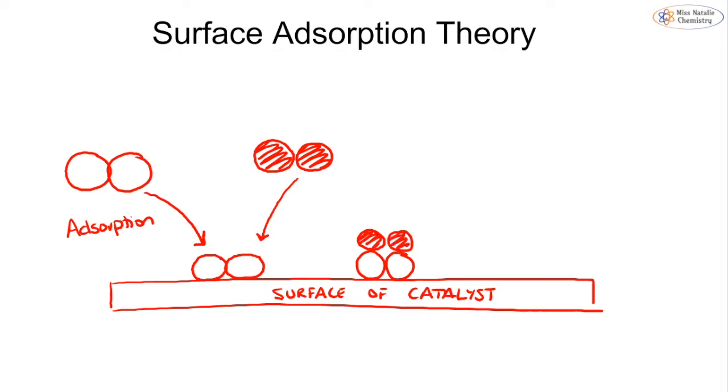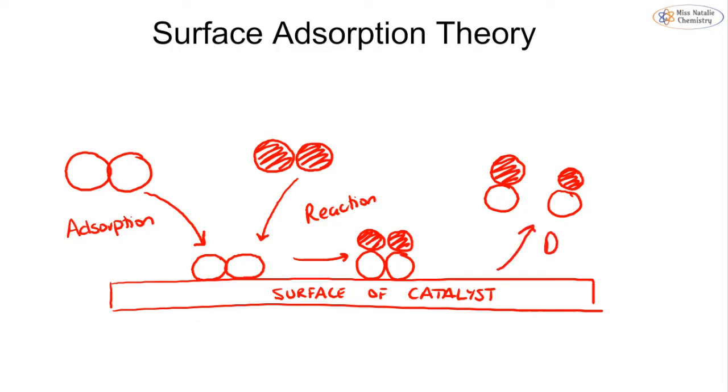So we get the bonds between the molecule on the surface weakening, and then it will start to form new bonds here. So this is our reaction. And then we get a desorption happening where our new substances leave the surface of the catalyst. And that is the last step.